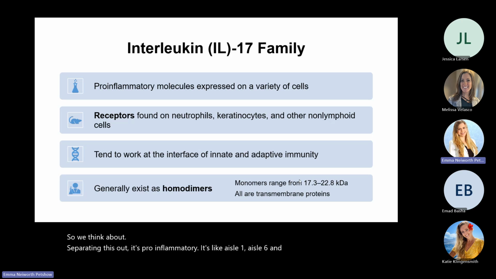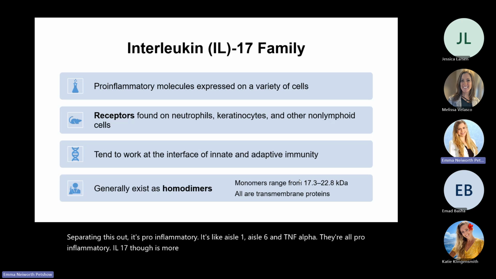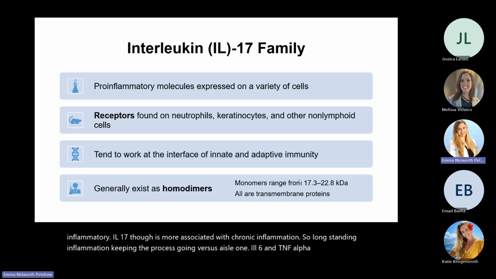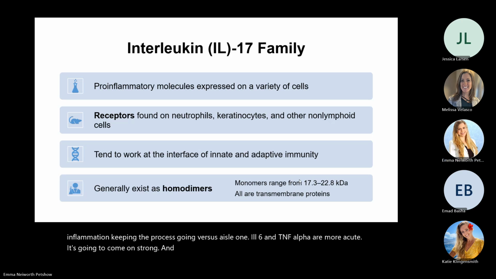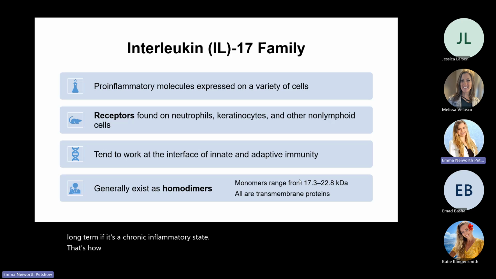They're all pro-inflammatory. IL-17, though, is more associated with chronic inflammation, long-standing inflammation that keeps the process going, whereas IL-1, IL-6, and TNF alpha are more acute. They come on strong, and then they resolve. IL-17 may continue the party long-term if it's a chronic inflammatory state. That's how I differentiate those two.